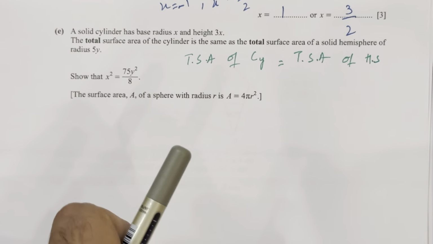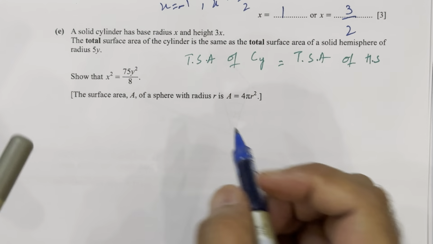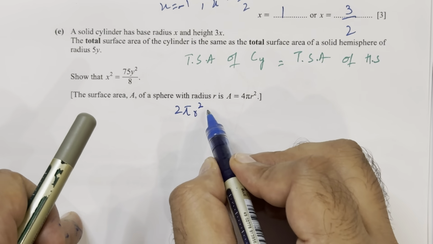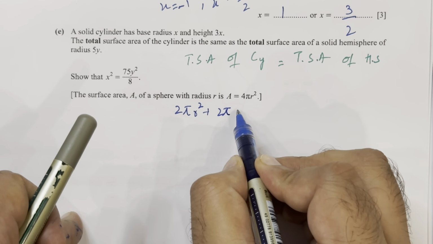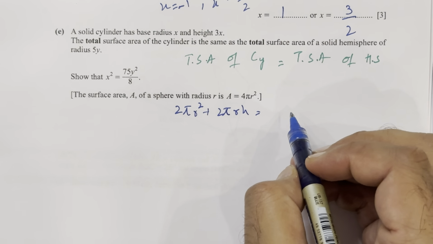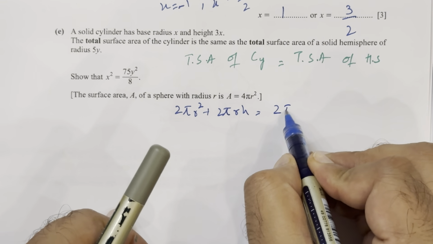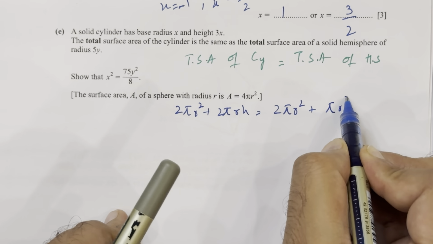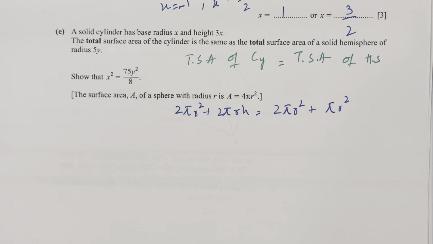the hemisphere. So we know that the total surface area of the cylinder is equal to 2 pi r square plus 2 pi rh, and the total surface area of the hemisphere is 2 pi r square plus pi r square. Why? Because the hemisphere also carries the circle, so we have added pi r square.